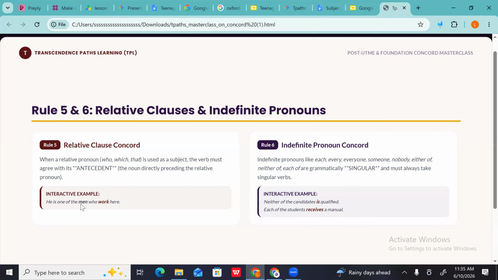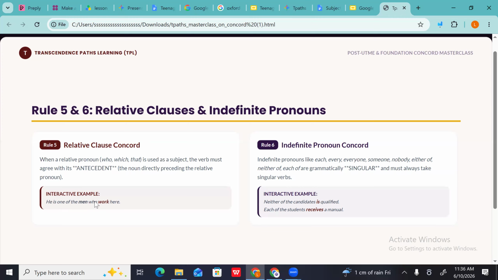He is one of the men who walk. Look at this. The relative clause here is what? Who. It explains the state of the noun.